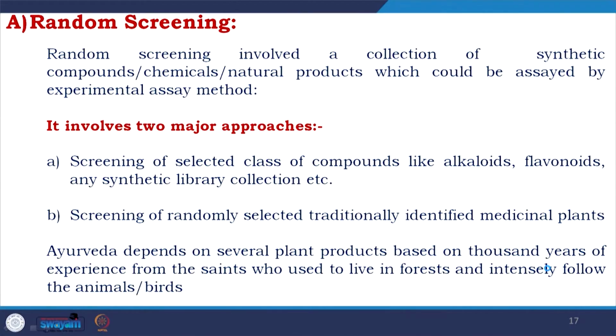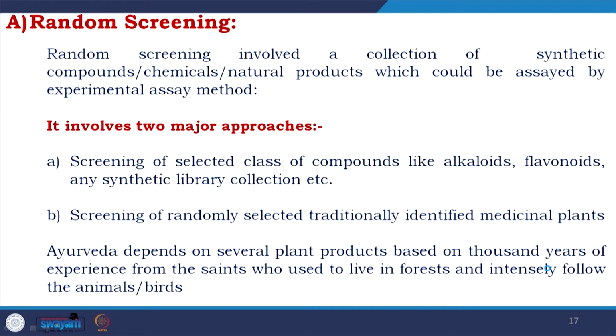In traditional drug designing, medicinal plants have a huge role. As we know from ancient Indian civilization, they used to culture the process called Ayurveda. Ayurveda depends on several plant products based on 1000 years of experience from the saints who used to live in forest and intensely follow the animals or birds.